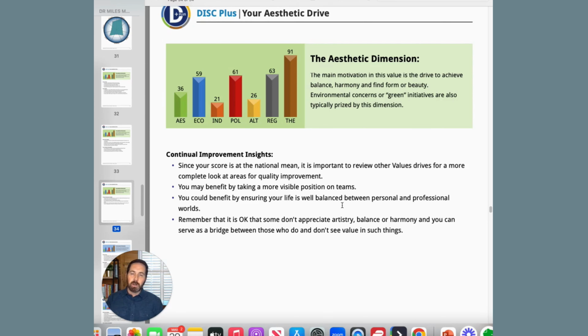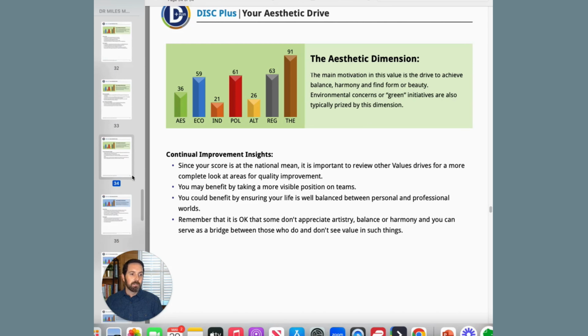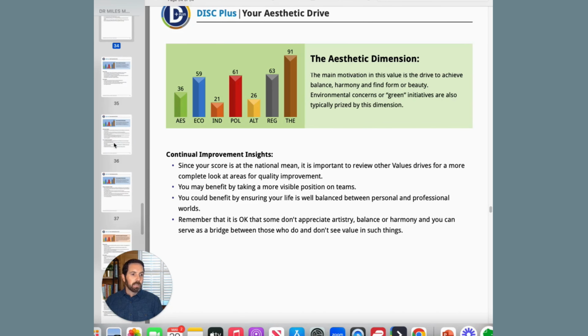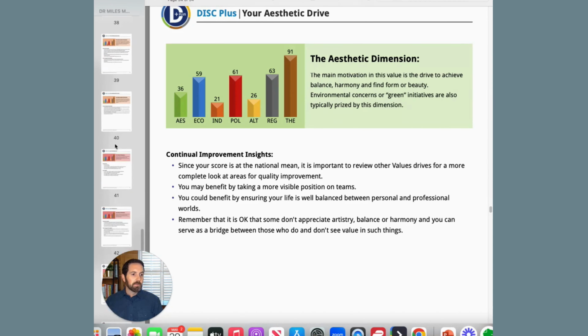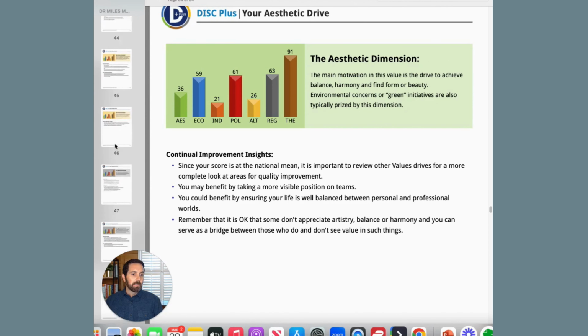Here are some areas where I might be challenging the team or challenging myself, because the more you communicate this with people you care about, your coworkers, anybody you're trying to improve communications with, this gets a lot easier and a lot better. So it goes through every one of those dimensions, all the way through the regulatory.